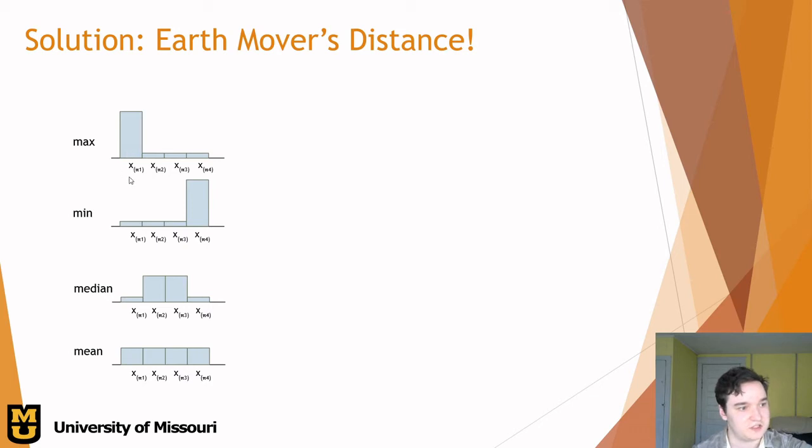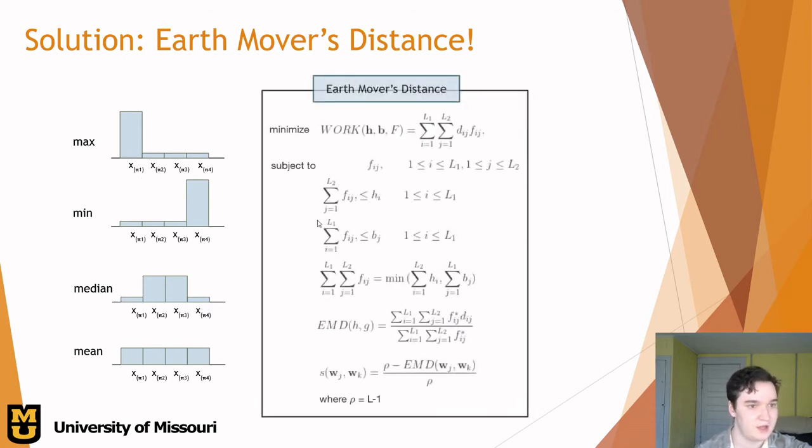And what the earth-mover's distance is going to say is, how much work does it take to move this dirt over here if we're going to compare the max to the min? If you take a lot of dirt and move it far, that's going to be the greatest possible distance. If you take this dirt and move it only a little bit, that's less work. So as mentioned before, that is now using the sort order of the data as part of its similarity measure.